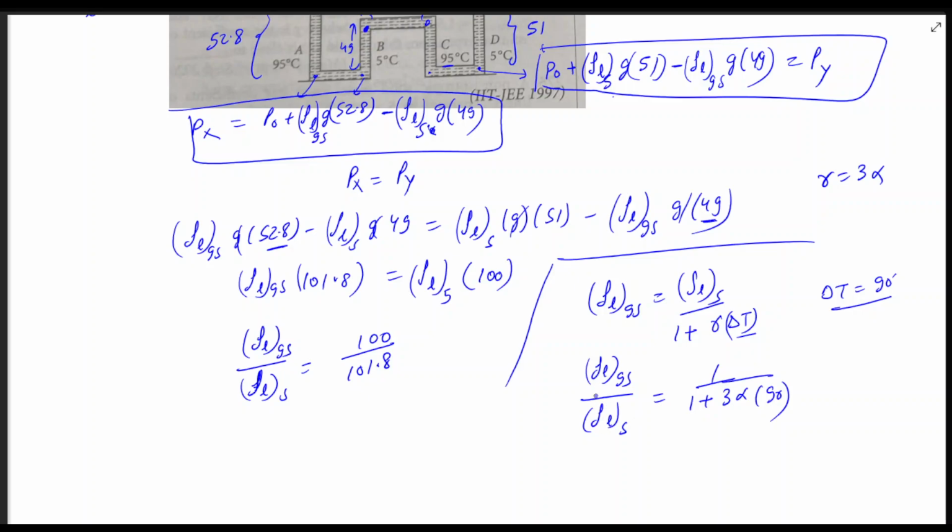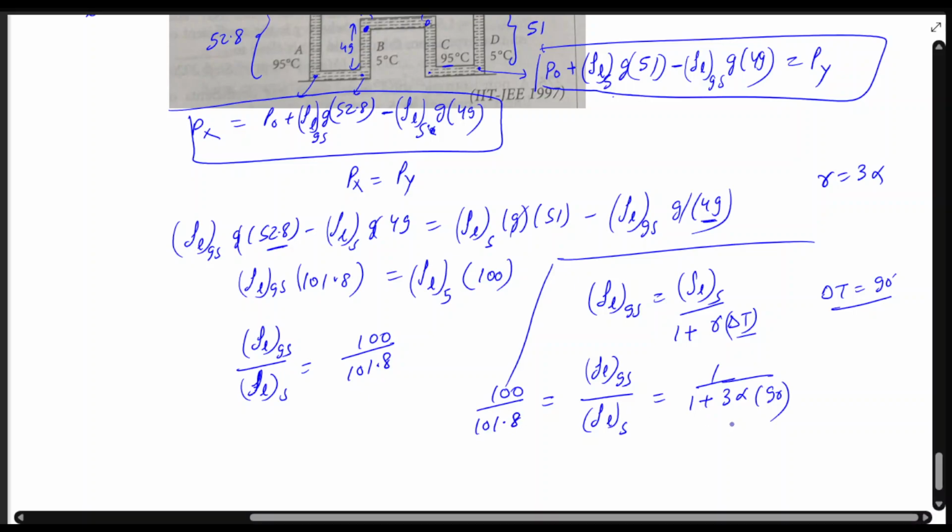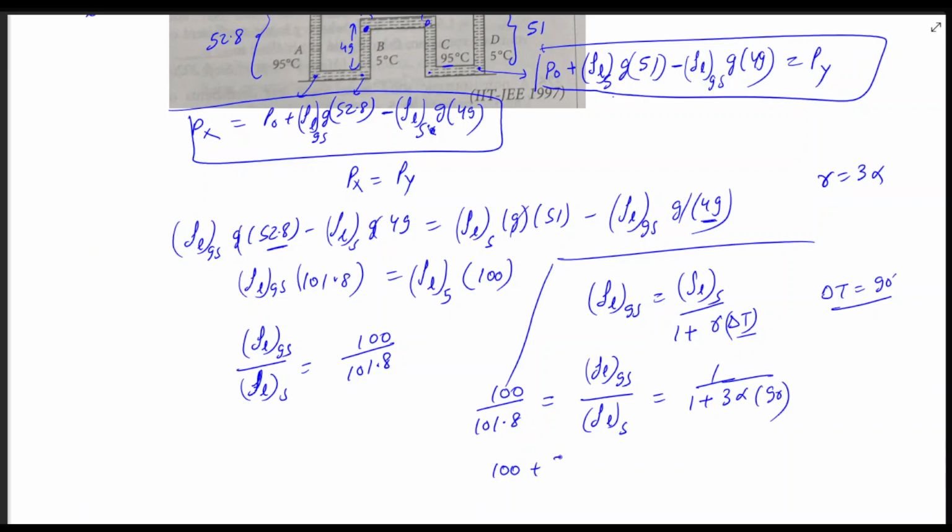This term is 100 divided by 101.8. So we'll just cross multiply, and we have 100 plus 27,000 alpha equal to 101.8. We have just done cross multiplication, nothing else.